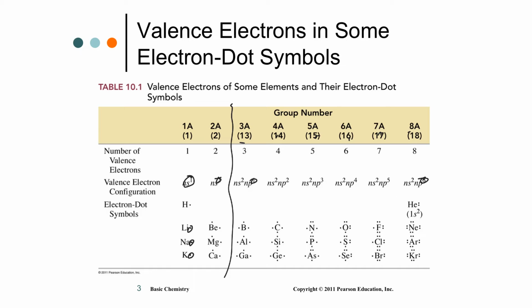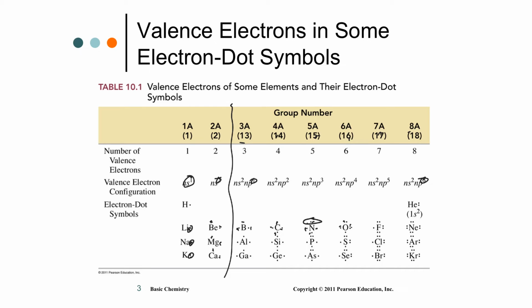So anything in the first column will have 1: lithium, sodium, potassium. Anything in number 2 will have 2: beryllium, magnesium, calcium. Then 3A, boron; 4A, carbon. Do you see it? There's 5, that's nitrogen. 6 is oxygen. Once we get to nitrogen, we have a pair that's not going to attach to anything.